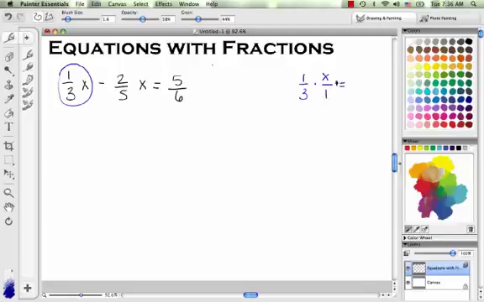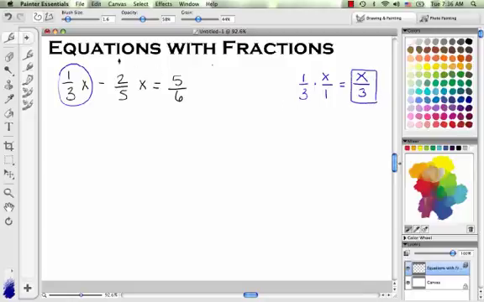When we multiply fractions, we multiply across the top and multiply across the bottom. Across the top, I have 1 times x equals x. Across the bottom, 3 times 1 equals 3. So the first term, as it is originally written, is 1/3 x. But I'd prefer to look at it as x over 3.